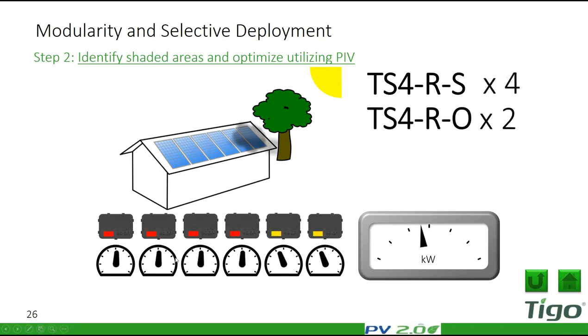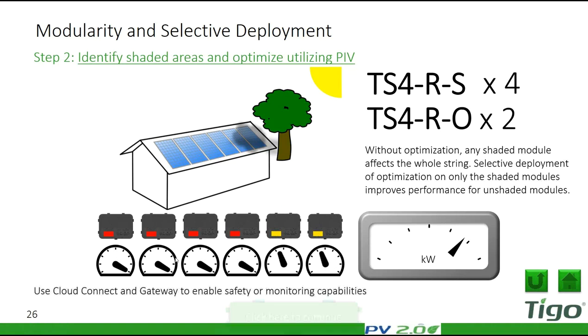I optimize these 2 modules, and all the non-shaded modules can perform at best, and this is what we see here. All the non-shaded modules perform at best, and only the shaded modules are doing some work and making sure that they don't block the power production for the strongest ones, which happens in typical solar systems.